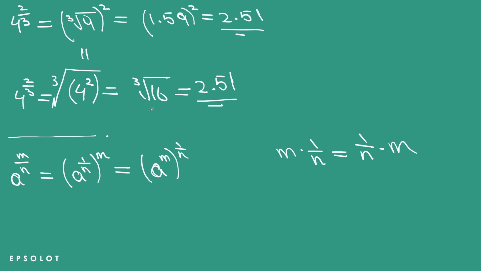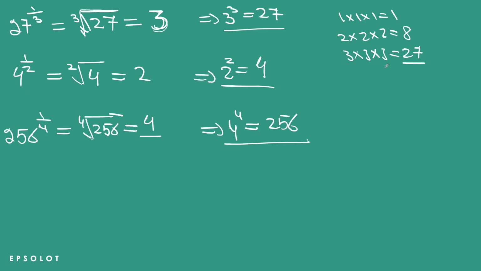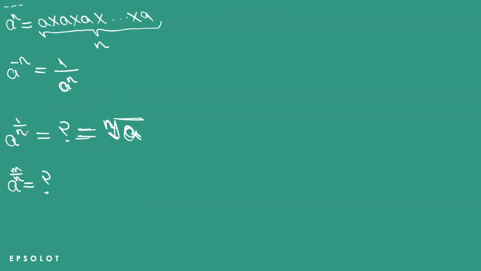But the main important thing for you to remember is this definition right here, that the numerator is your power and the denominator is your root. So going back, let us then simply add the definition right here.